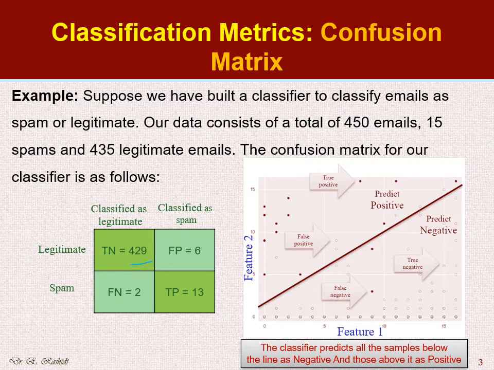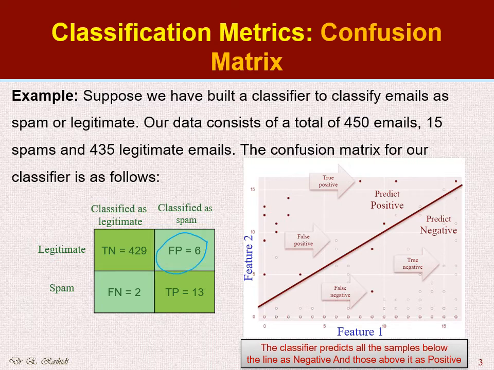How many true negatives do we have here? So the true negatives are those legitimate emails that have been classified as legitimate. So the output is 429, based on our output of the model that you don't see here, but it's easy to actually build it through Scikit-Learn. And also we have 6 false positives.